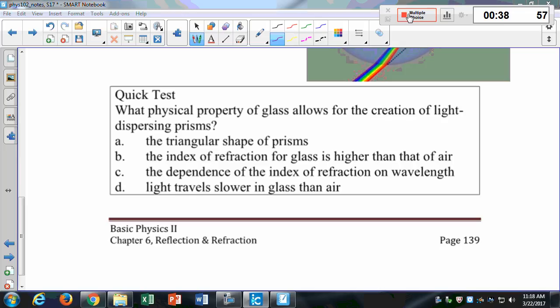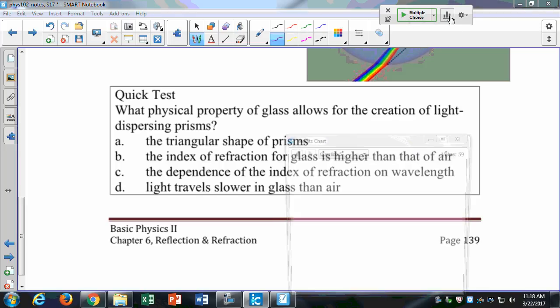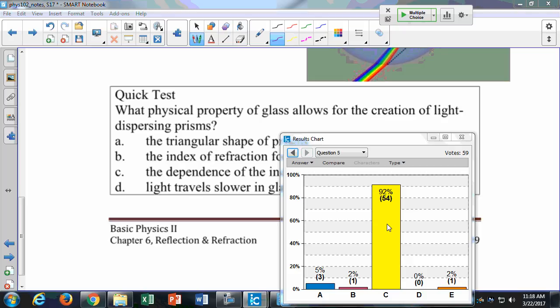Turns out that all of these are true statements. All four of these are true statements generally, but only one of them is the answer to the question. I'm going to stop at 52. Okay, good. C is right.